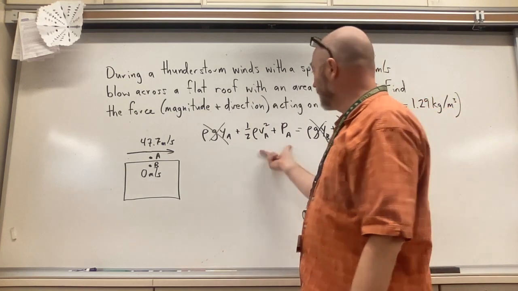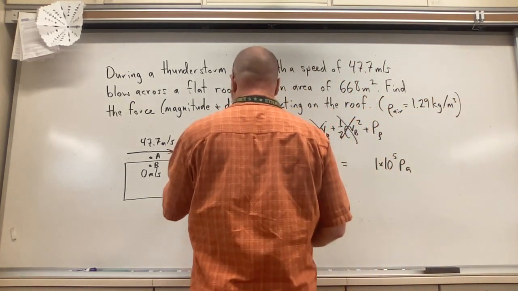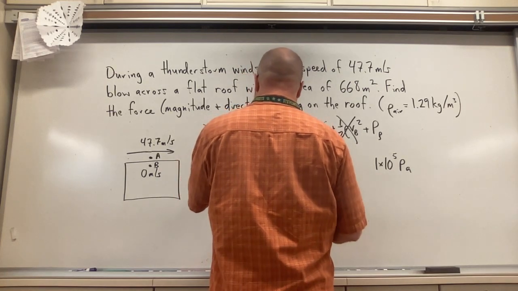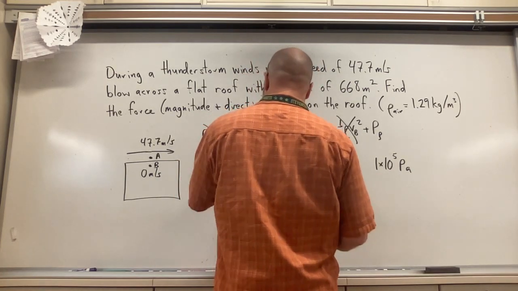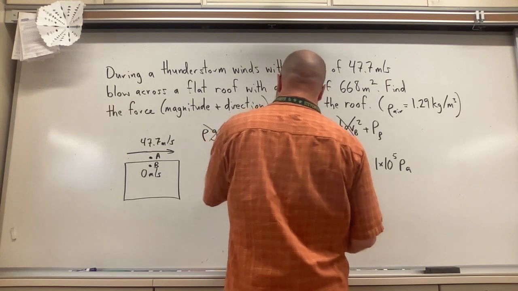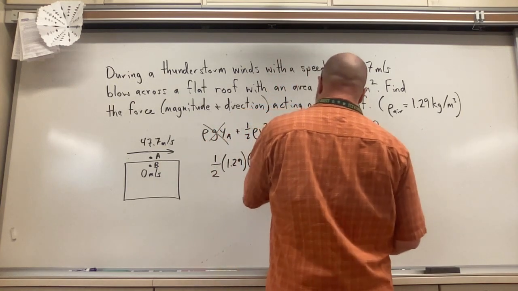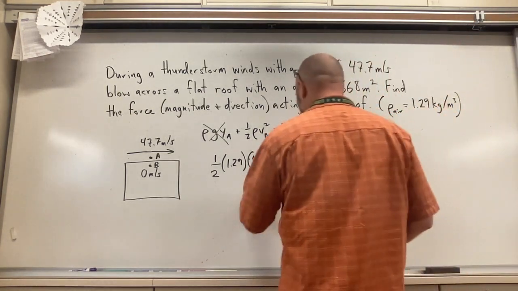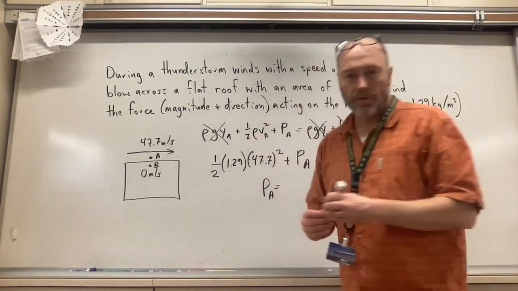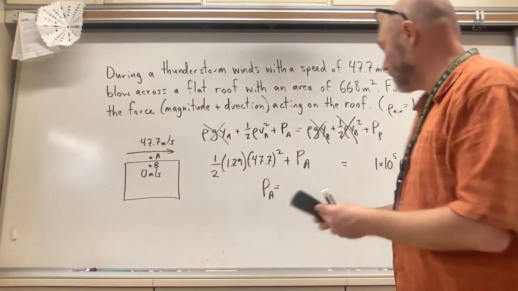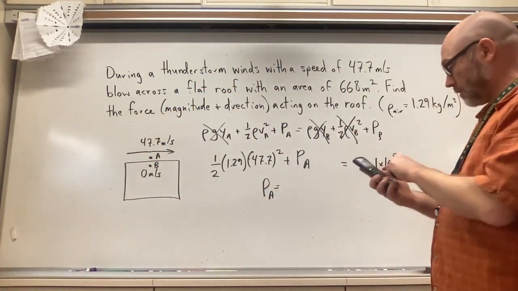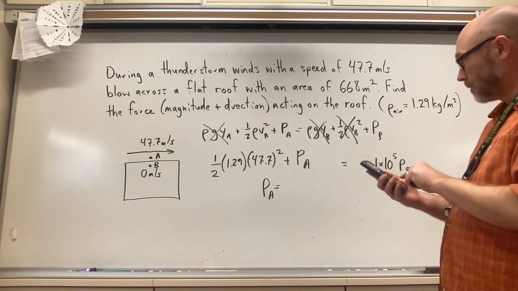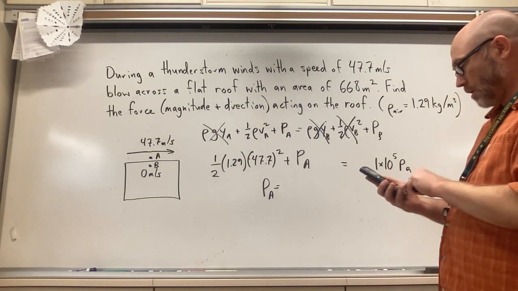Now on my left side, I'm going to plug my stuff in. My rho is 1.29, my v is 47.7 squared, plus my pressure here. So now I'm going to do some math and figure out what my pressure on the inside is. Handy dandy calculator, let's do it. I'm going to get 0.5 times 1.29 times 47.7 squared.